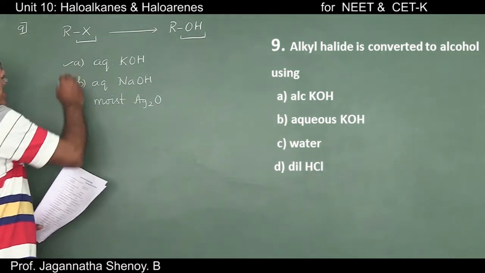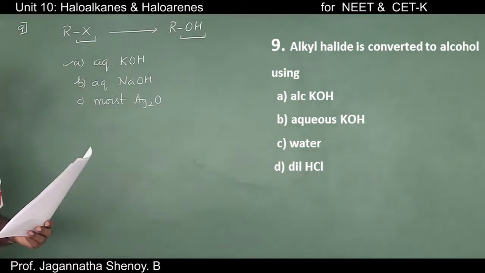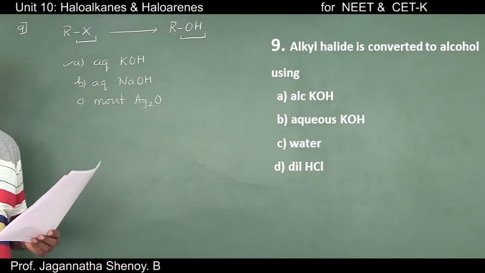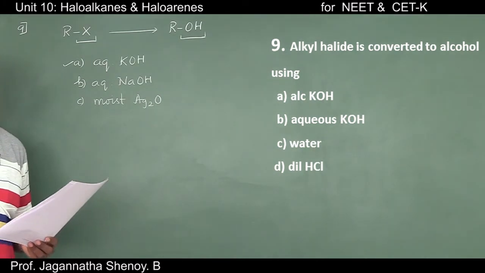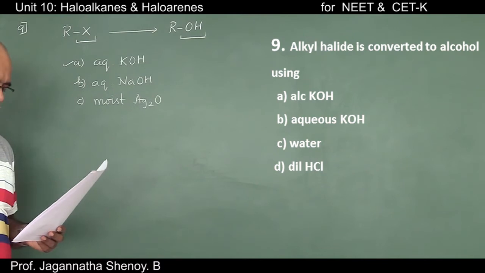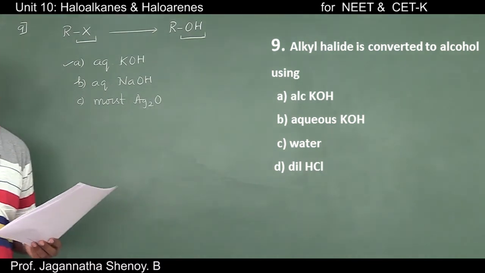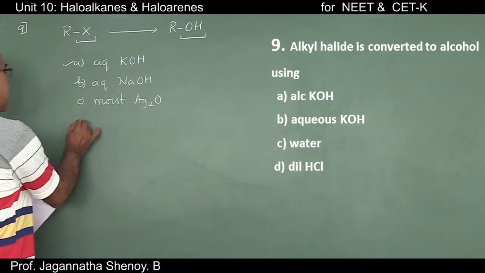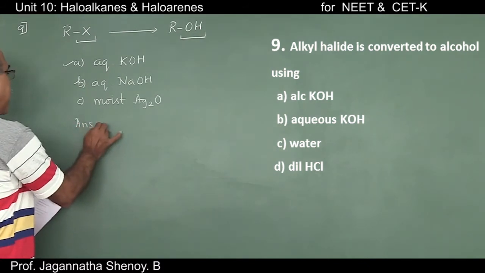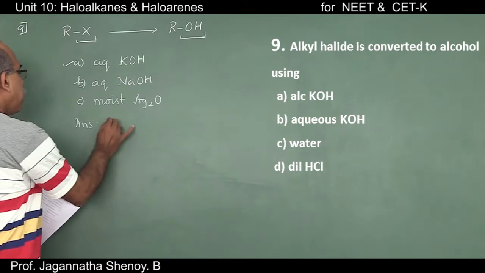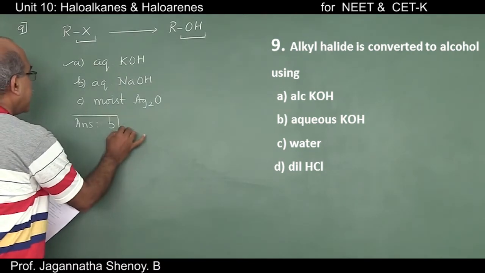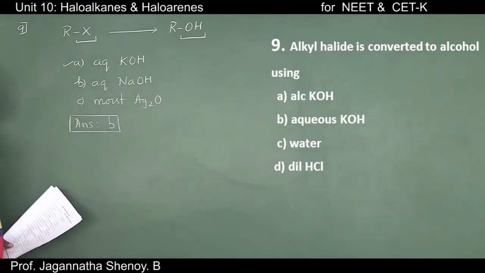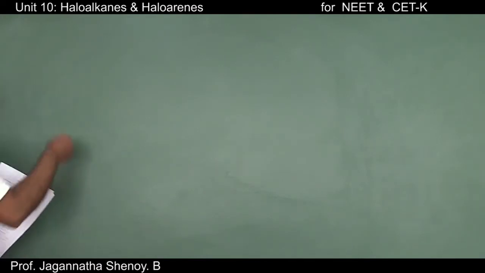Yes, I can use aqueous KOH. Can I use water? No, water cannot be used. It's a weaker nucleophile. And dilute HCl, of course, we cannot use. So what is the answer for question number 9? It has to be option B, it is aqueous KOH. Move over to question number 10.